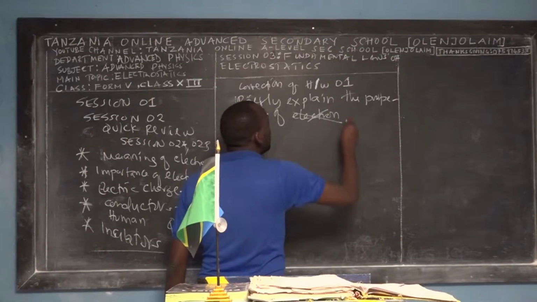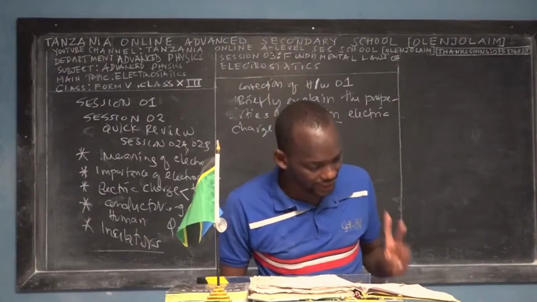Because when you say electric charge, you mean positive and negative charge. So listen, the first one, they are either positive or negative in nature. The second property, like charges repel and unlike charges attract each other. The third property, electric charges are quantized.